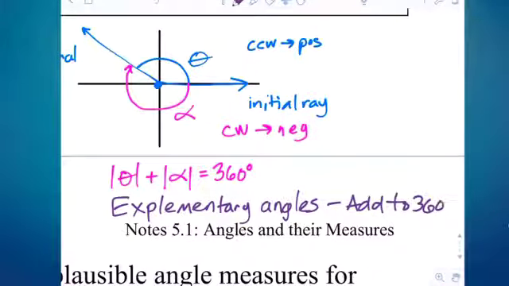You really didn't have a need for that in Euclidean geometry, but here it's kind of nice. Because within one rotation, positive or negative, there are actually two angles that will land at the same terminal ray. They're not the same angle, but they land at the same terminal ray. And those two angles' magnitudes always add up to 360, so their magnitudes would be explementary angles. There you go.